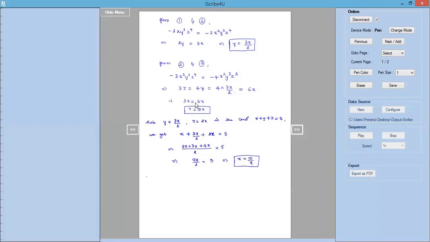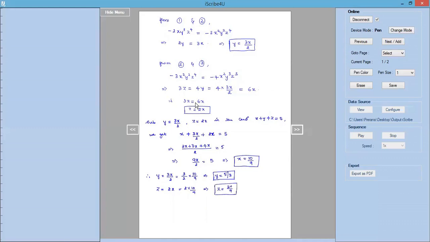So y is equal to 3x divided by 2 will give us 3 by 2 into 10 by 9. So this simplifies to give the value of y as 5 by 3. And also we have z is equal to 2x. So 2 into 10 by 9, and z will be 20 divided by 9.